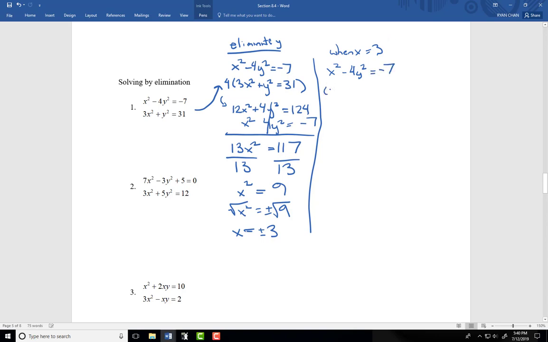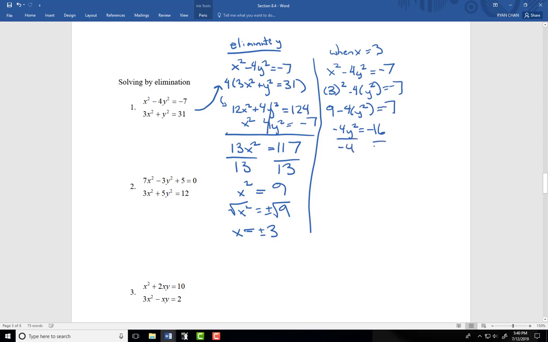So I have 3 squared minus 4 times the quantity y squared equals -7. So I have 9 minus 4y squared is equal to -7. So I have -4y squared is equal to -16.